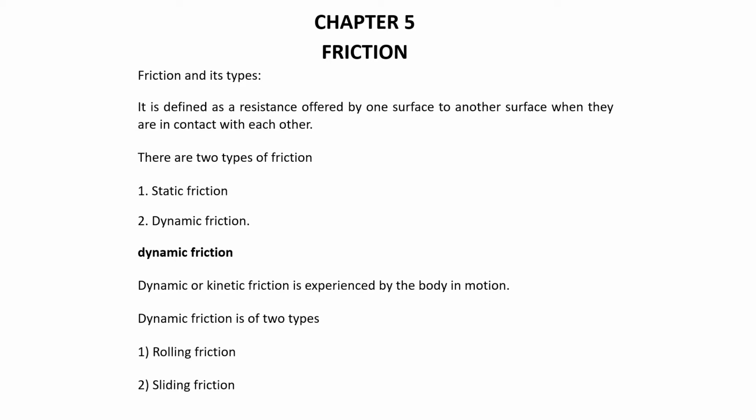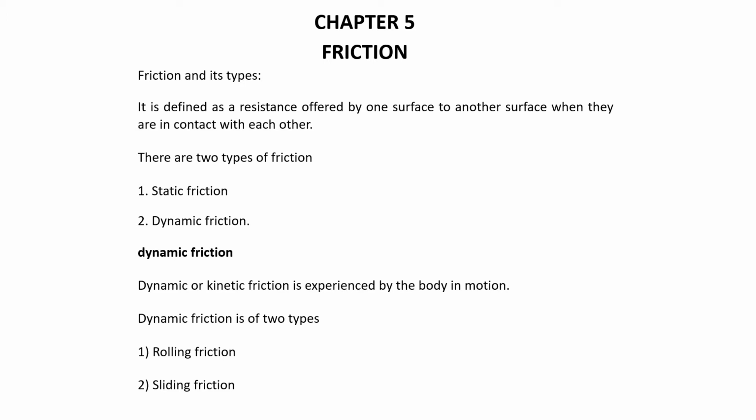This resistance to motion is known as force of friction, or simply we call it friction. So friction is nothing but the resistance to motion offered by one surface to another when they are in contact with each other.